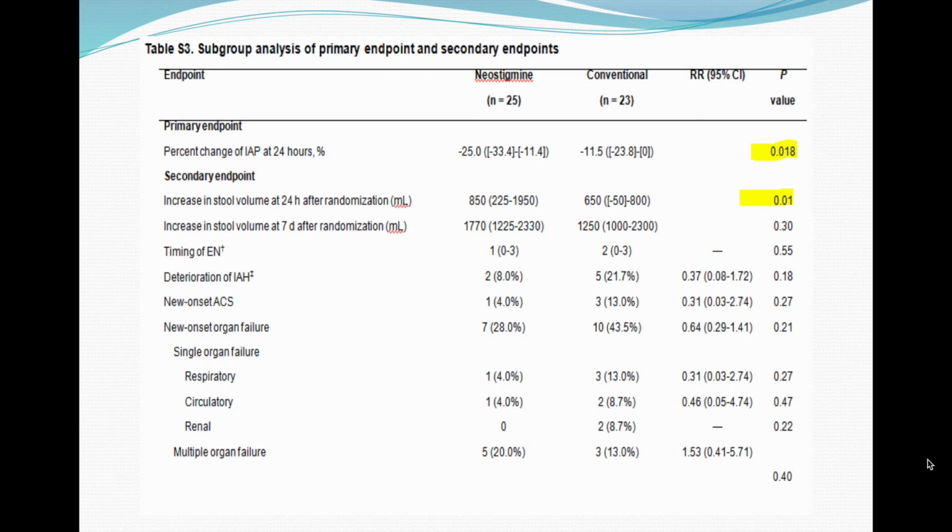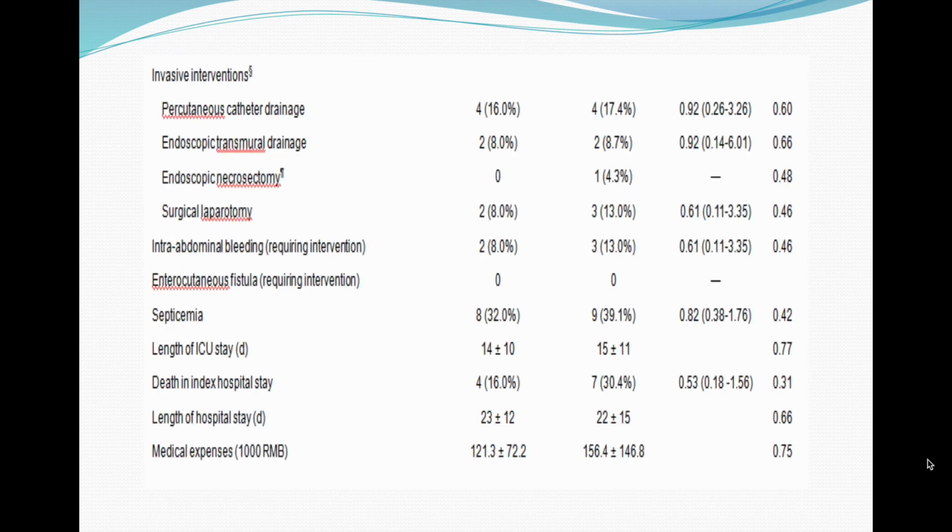Now coming to the subgroup analysis of primary and secondary endpoints: as I said, the primary endpoint was significantly different even in the subgroup analysis, and for the secondary endpoint, only the increase in stool volume at 24 hours was significant. Rest all were not significant.